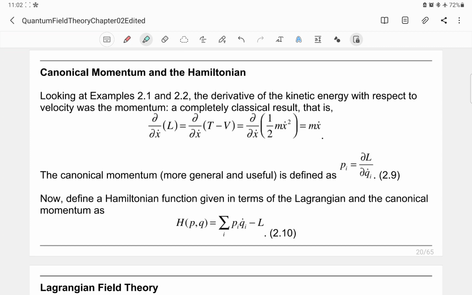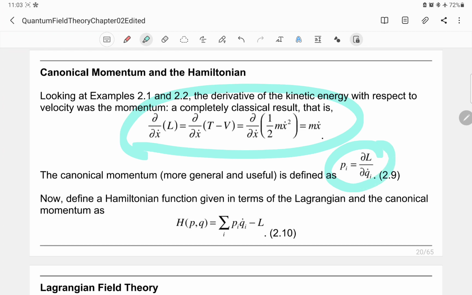This is a completely classical result. It is much more convenient to work with canonical momentum. This is more general and useful, and we define the canonical momentum to be equal to the derivative of L with respect to qi dot.